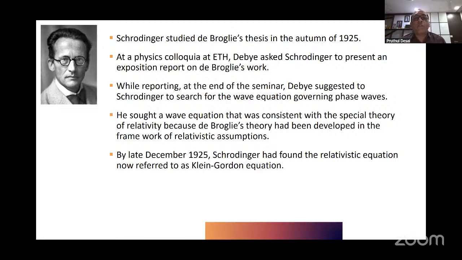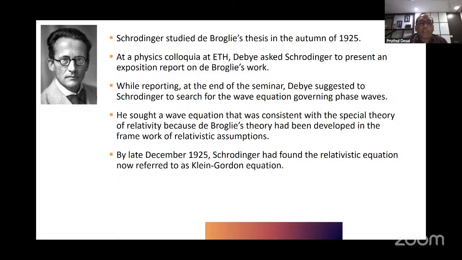So he sought a wave equation that was consistent with the special theory of relativity. Why? Because de Broglie's theory, we all know, was developed within the framework of relativistic assumptions. So if he has to take de Broglie's wave at its face value, Schrödinger felt that his wave equation has to be consistent with the special theory of relativity.